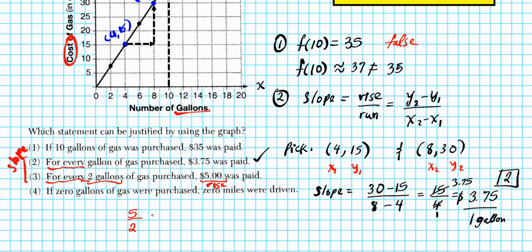Rise over run, and if you reduce that, you end up with 2.50. Okay, and that is not the slope of this line. The slope of this line is $3.75 for each gallon. So we can clearly see that option number 3 is wrong.